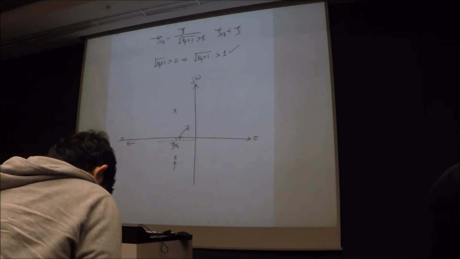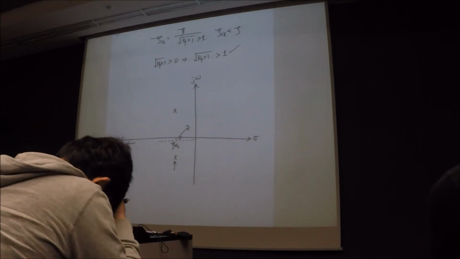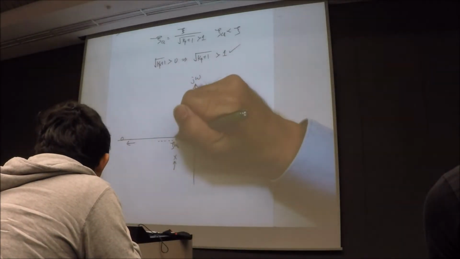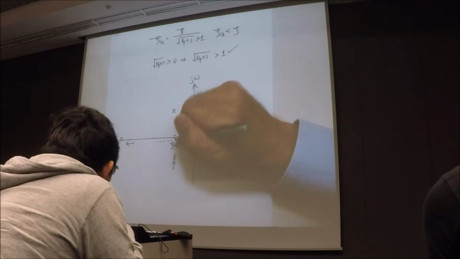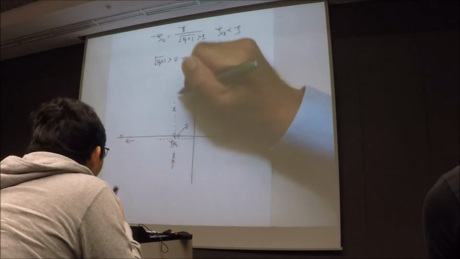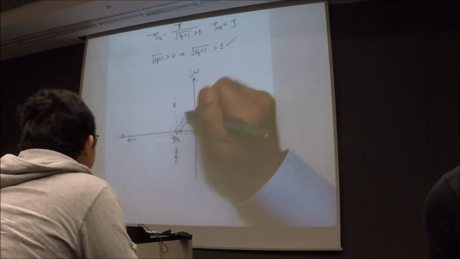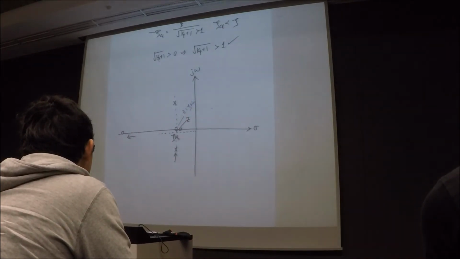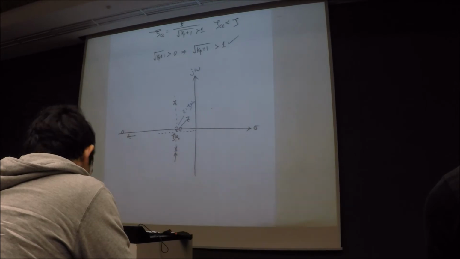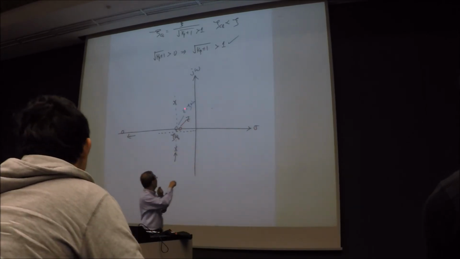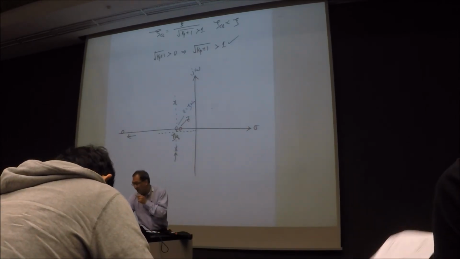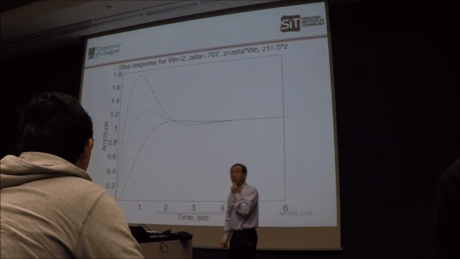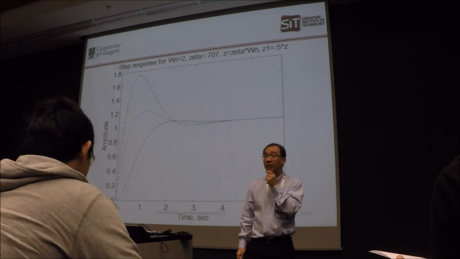So if you go back to this diagram, it is one straight line. The second diagram that you have seen is the case where your 0 is located here, one straight line, so your 0 is equal to zeta omega n. When that is the case, when the 0 is aligned in the same direction, you have a higher overshoot.